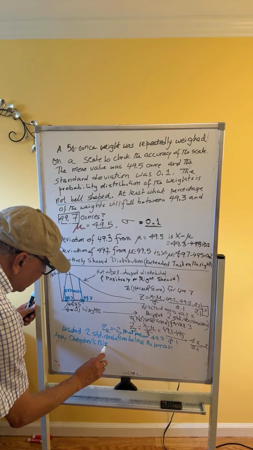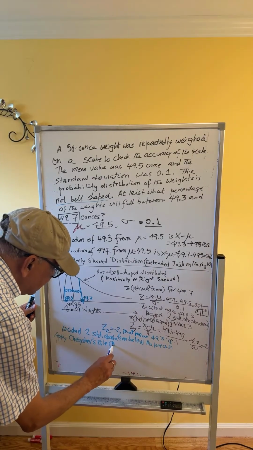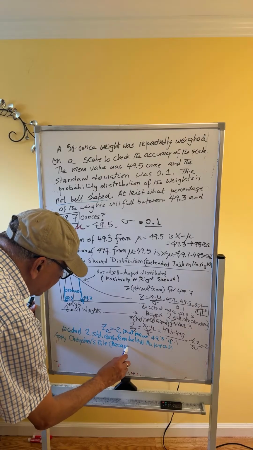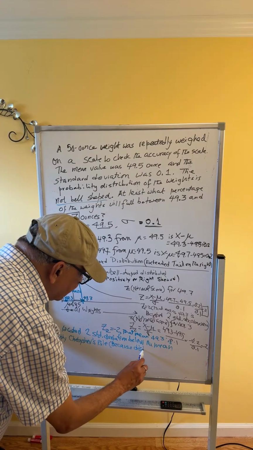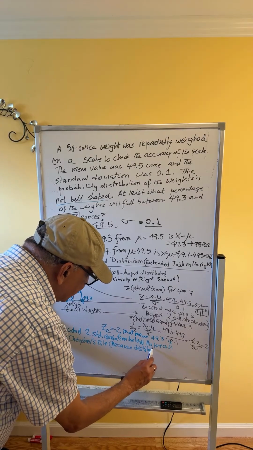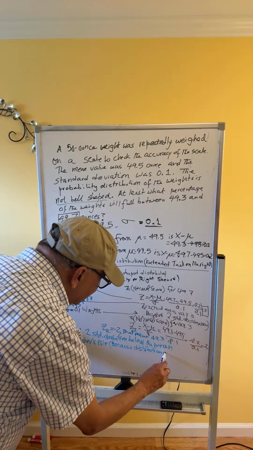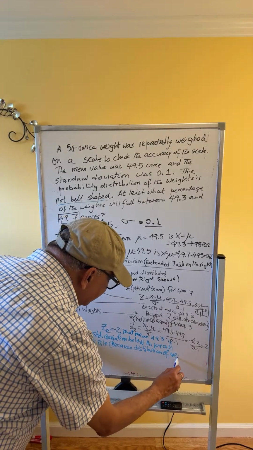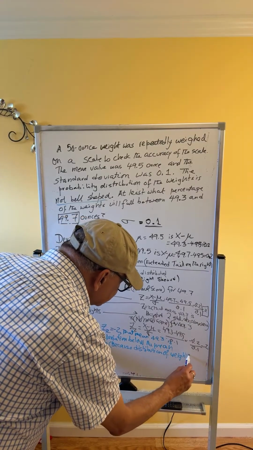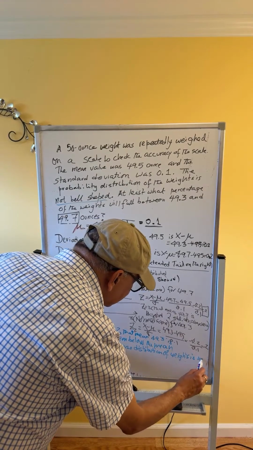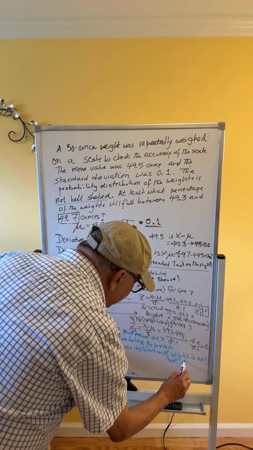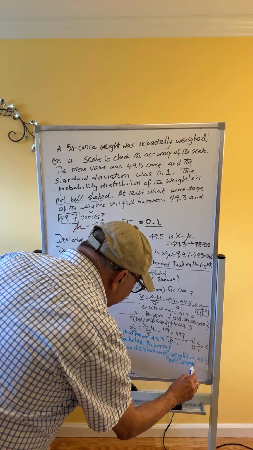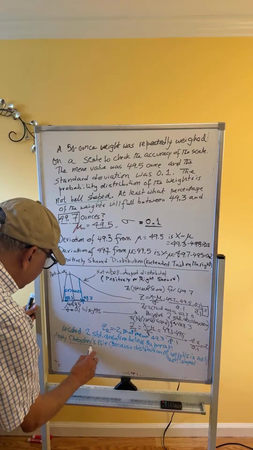Because the distribution of weights is not bell-shaped. That's why we are going to apply Chebyshev's rule.